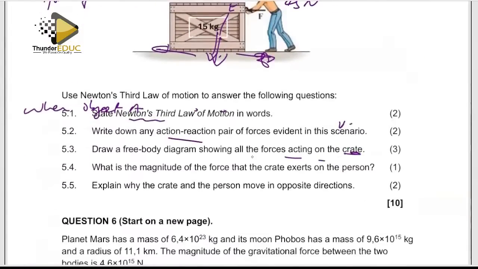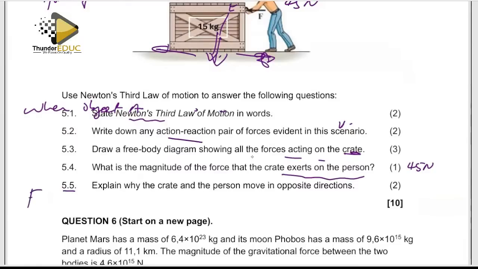What is the magnitude of the force that the crate exerts on the person? So it's going to be 45 newtons, but in the opposite direction. Then explain why the crate and the person move in opposite directions.